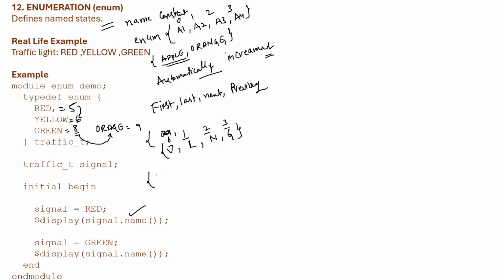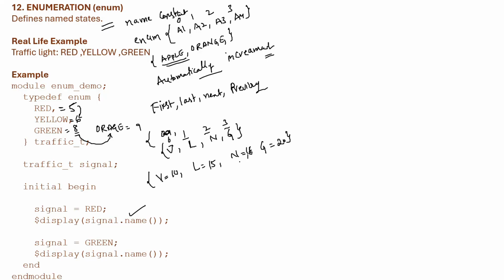Otherwise, we can mention that V is equal to 10 and L is equal to 5. Okay, so it automatically increments the value, right? So it can take the incremented value, or you can assign any value. And N I'm not assigning, and G is 20. Then the N value will become 16 here because it is automatically incrementing.